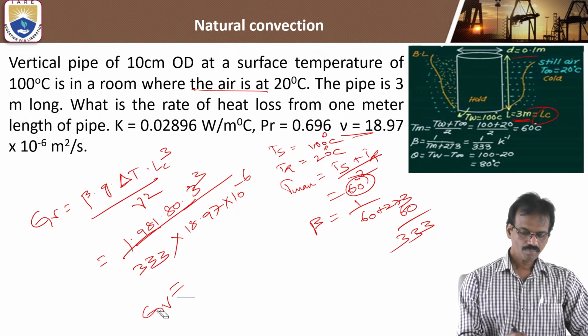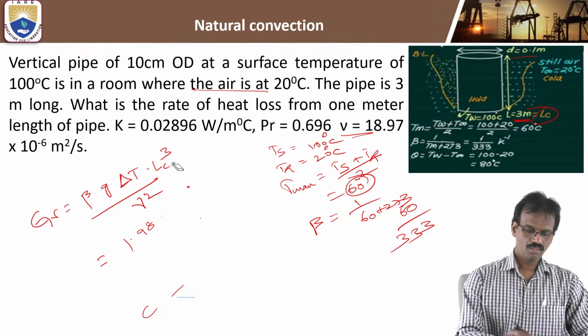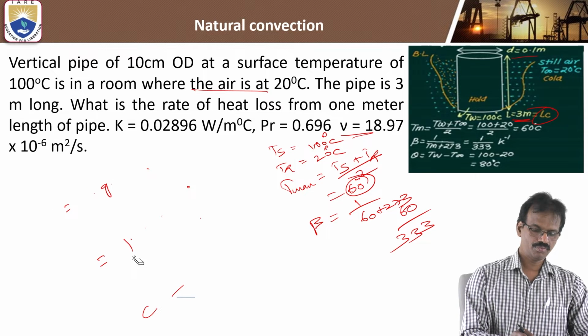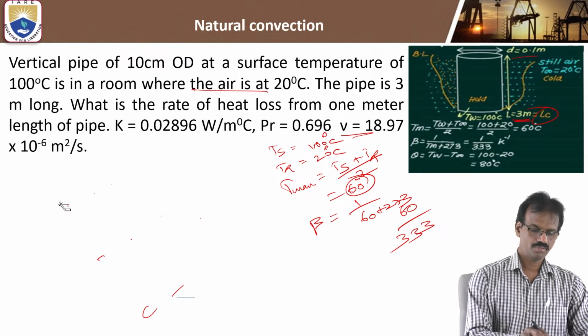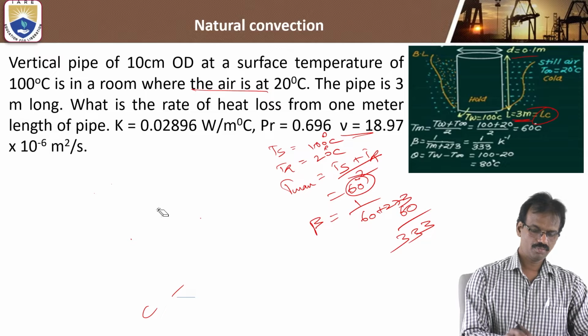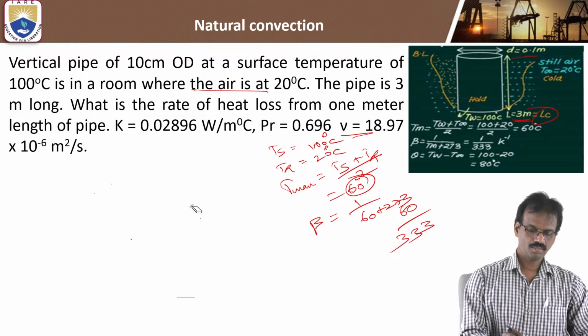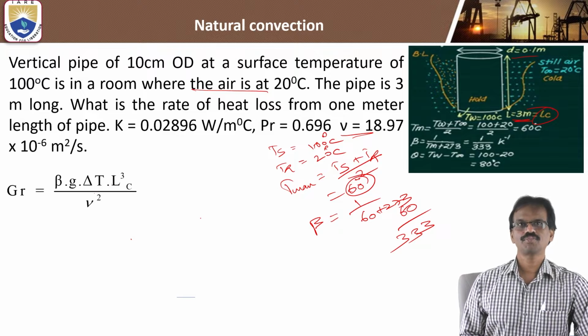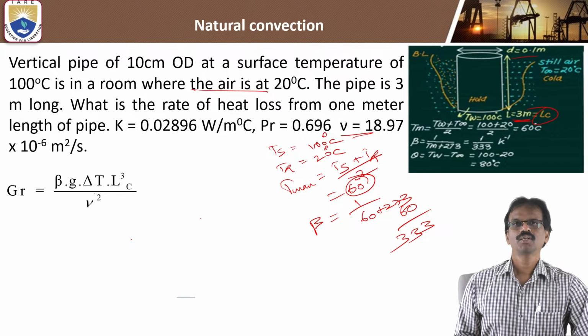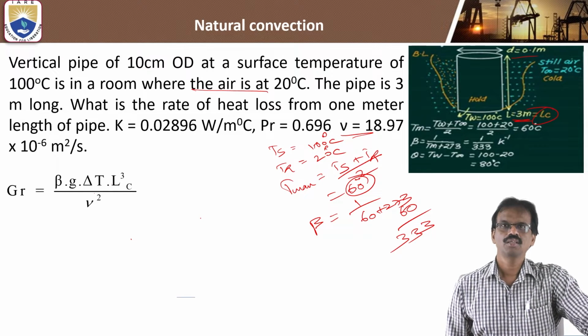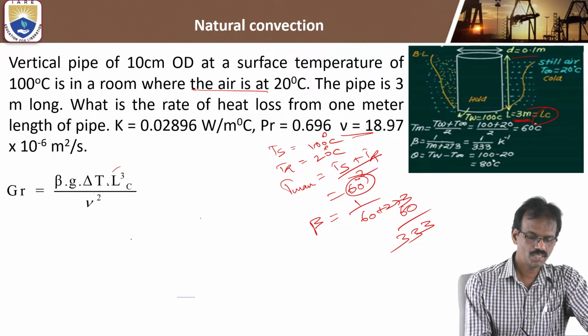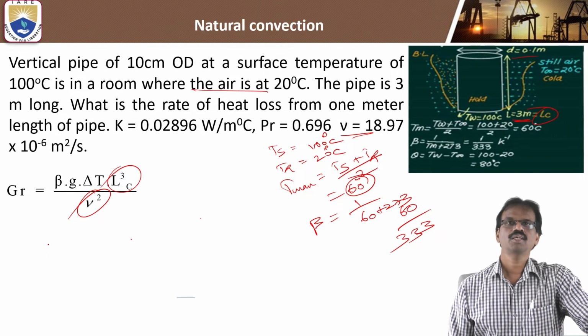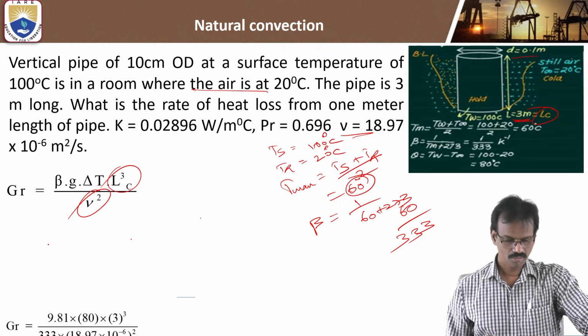I have already given the steps. First we'll see the formula for the Grashof number: beta g delta T L cube, characteristic length cube, by kinematic viscosity squared.